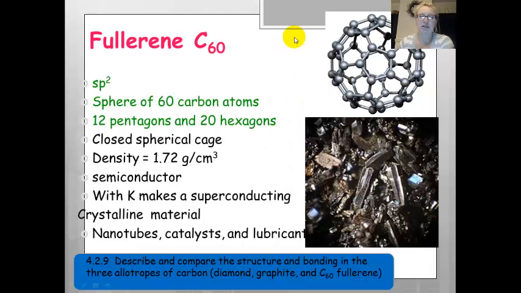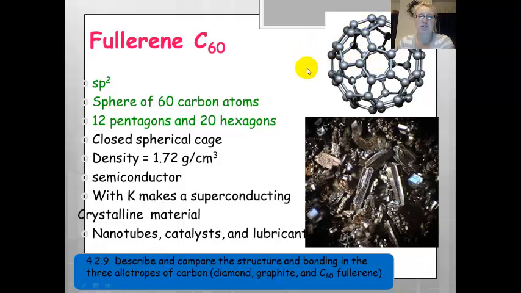The last type of allotrope of carbon that you need to know about is called Buckminster fullerene, which is carbon-60. Sometimes we call it buckyballs. And here carbon is also sp2 hybridized. It's a sphere of 60 carbon atoms, 12 pentagons, you can see here the pentagon, and 20 hexagons. It looks an awful lot like a soccer ball.